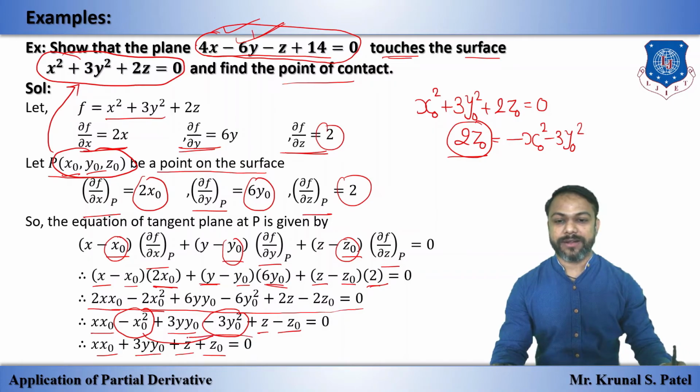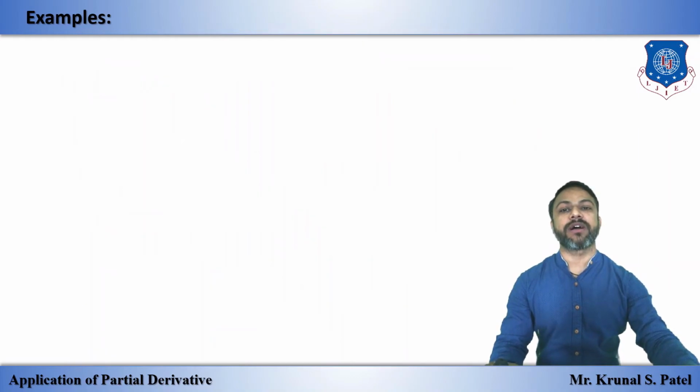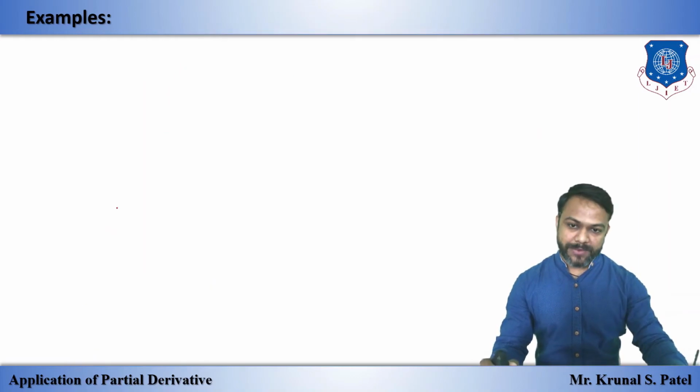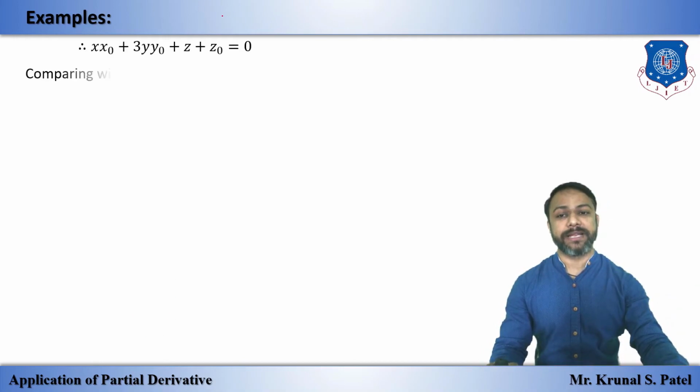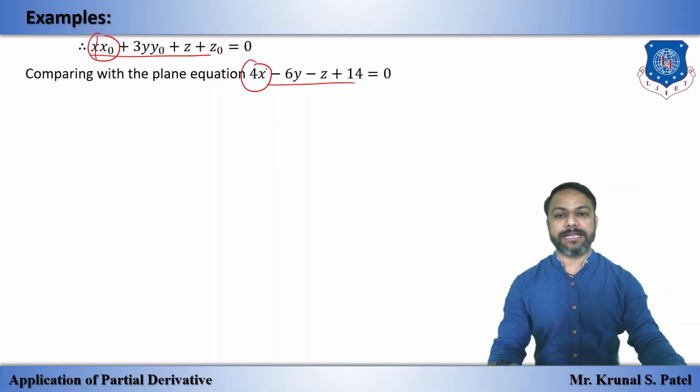Now this is our equation of the tangent plane, and one equation is given. So we will compare the obtained tangent plane with the given tangent plane. This divided by this, x cancels, so we get x0 by 4.